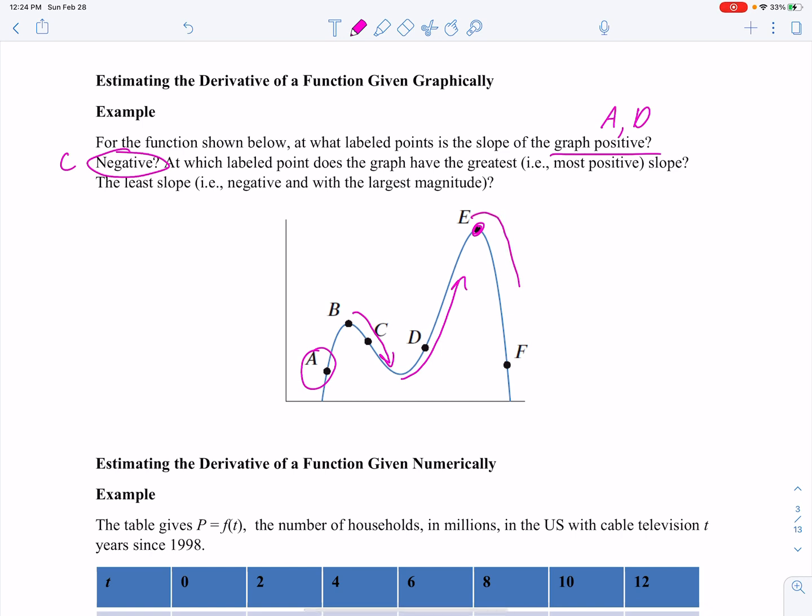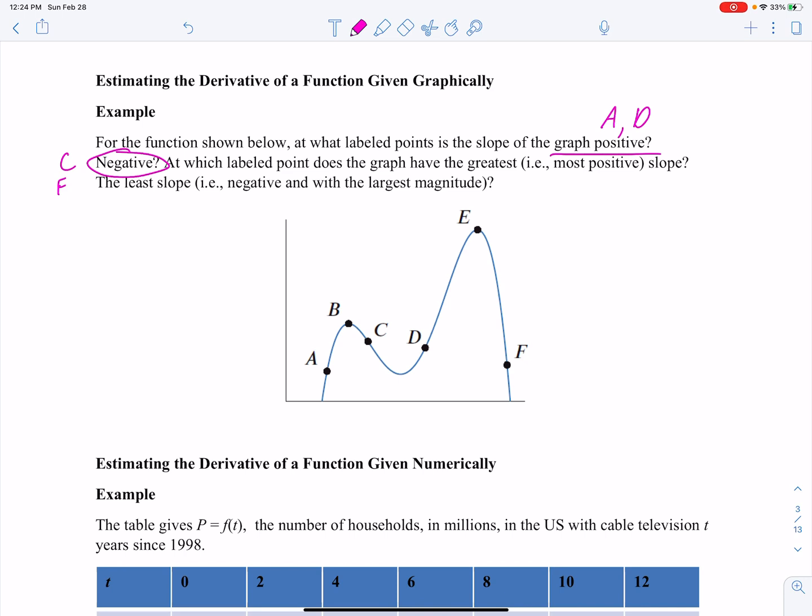So as we come over here, we notice at F, we have a negative slope, a decreasing function. All right, so C and F have a negative slope. A and D have a positive slope.